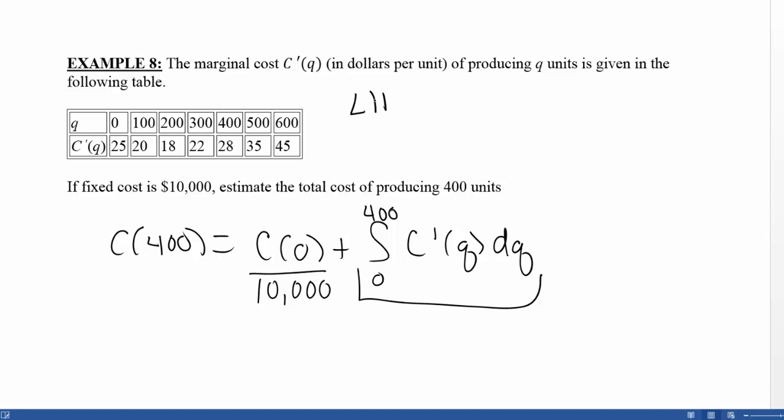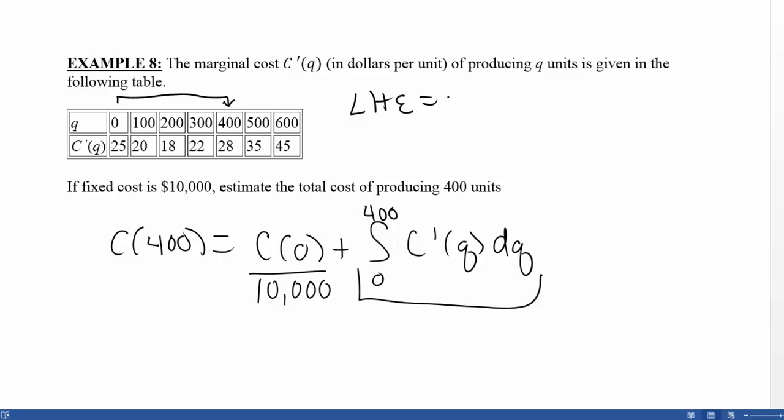So for our left-hand estimate, we're going to look at our table. Now notice we're only going until 400, so we're not using the entire table. So when we do our left-hand estimate, we're going to pick the rate on the left. Notice that our delta Q here is 100. We're talking about 100 units at a time.